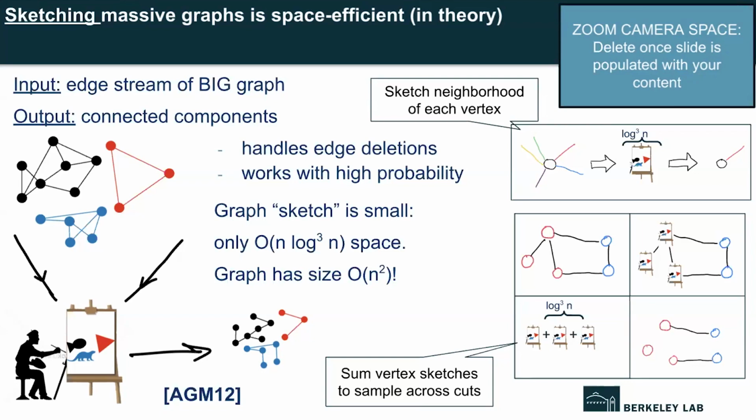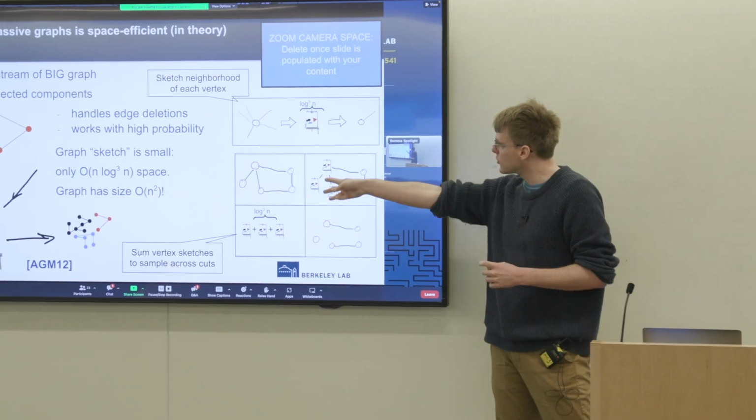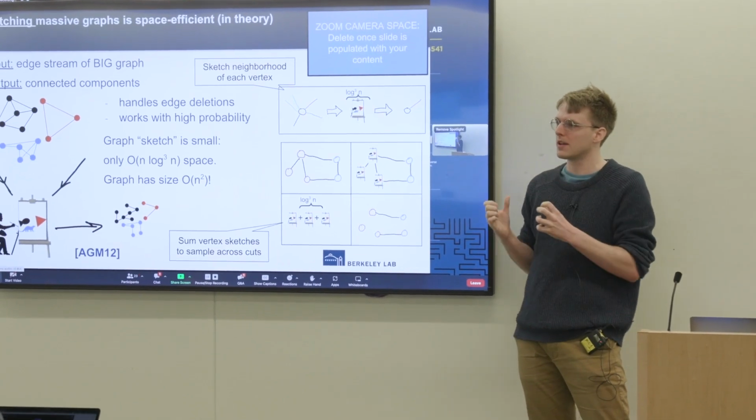A little intuition for how it works. We consider the neighborhood of each vertex of the graph. So the neighborhood is all the edges that touch that vertex. And we create a sketch of that neighborhood that's only log cubed n bits in size. And we apply the insertions and deletions to that. And at the end of the stream, we can sample one of the edges coming out of that vertex with high probability. And so I actually have another property that's also very important, which is, let's say we have all these red nodes in this picture here that are part of some connected component.